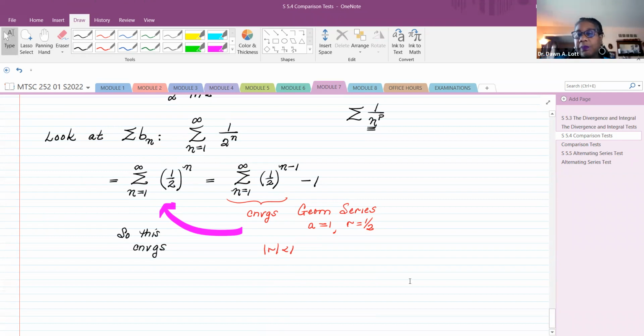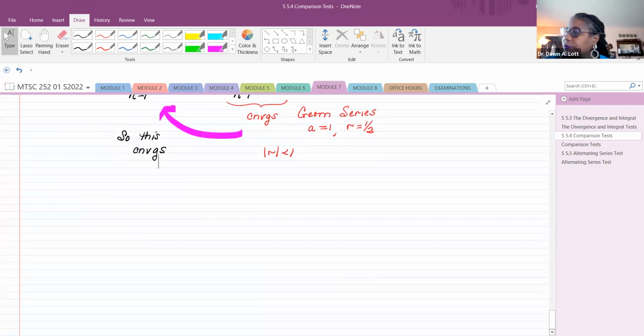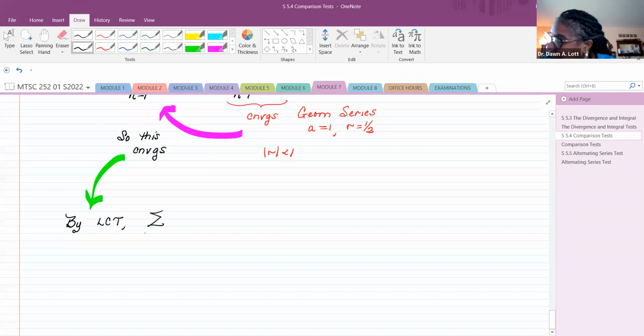And then that implies, by the limit comparison test, the summation n equals 1 to infinity of 1 over 2 to the n minus 1 also converges.